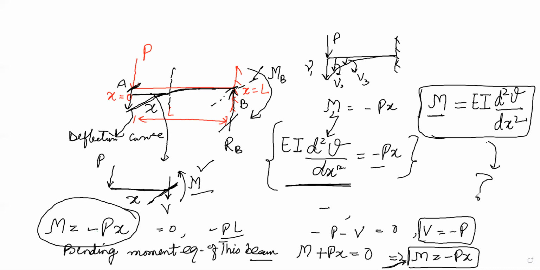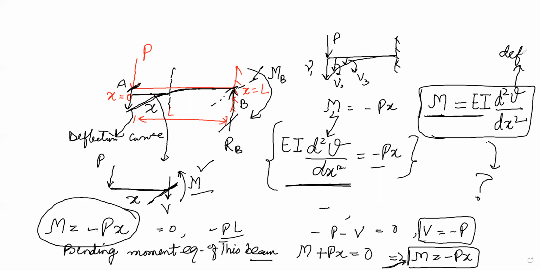This is the important step: the derivation of this equation, M is equal to EI d2 nu by dx2. The derivation of this step is the fundamental step in understanding the deflection of beams. You see, on the right hand side of this equation, you have the variable nu, the deflection curve.